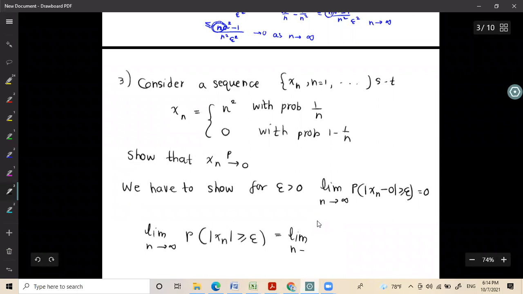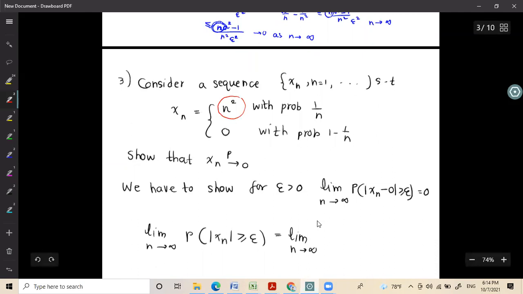So what do you see here now? You see that the probability xn greater than or equal to epsilon. What is epsilon? Epsilon is always greater than 0. So if you have xn values greater than 0, what is that value? For epsilon greater than 0, and xn greater than or equal to epsilon, that means it should be greater than 0.